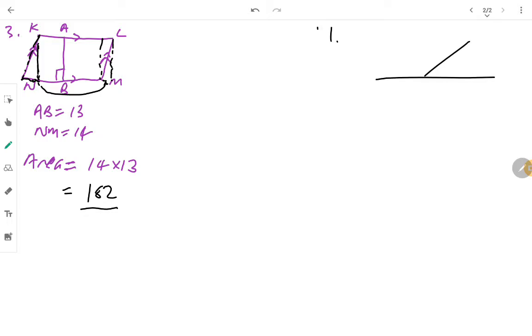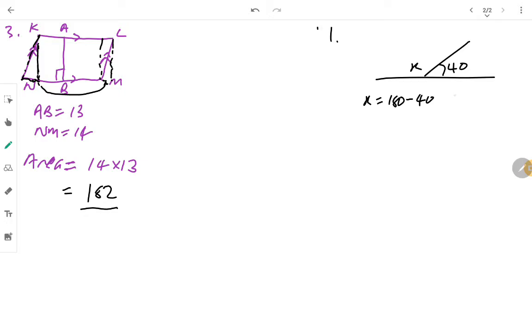Let me say I've got this, and this angle here is 40 degrees. Then I want you to calculate x here. What is the value of x? The value of x in this case is 180 minus 40. And what is the reason? We can write adjacent angles on a straight line, or simply angles on a straight line.